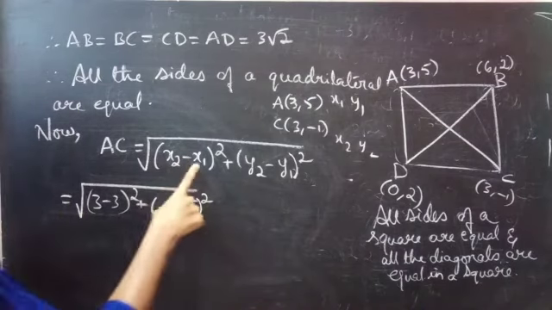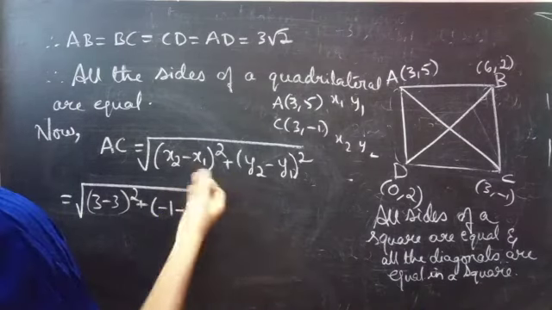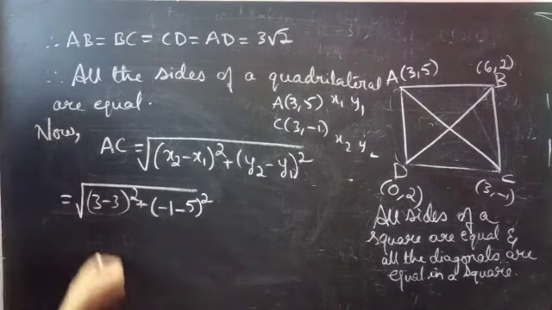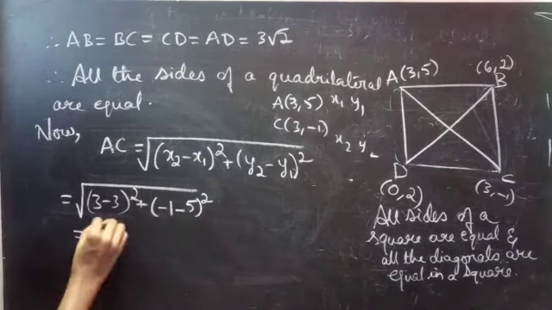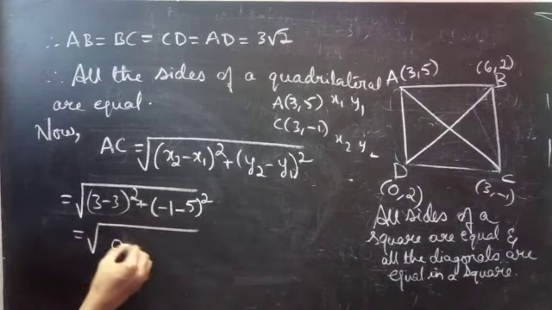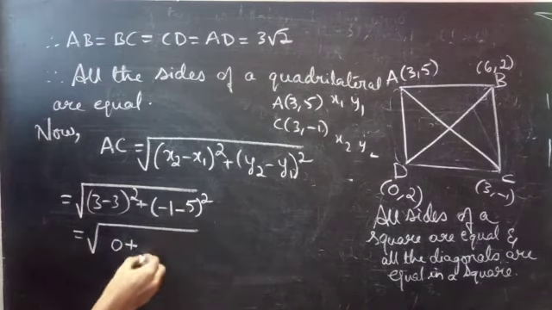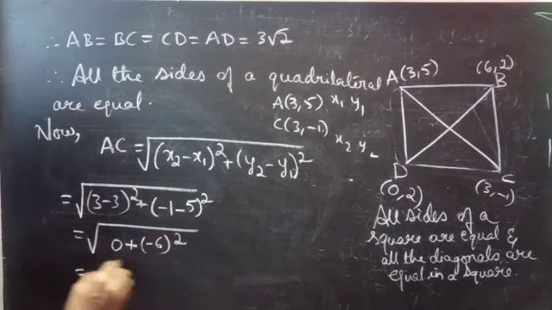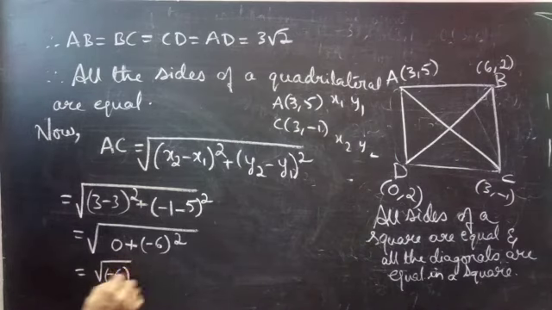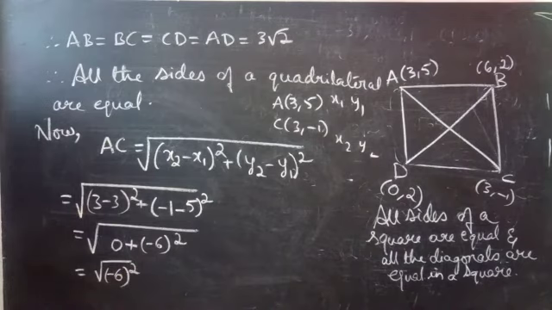Simply substitute the values of x1, x2 and y1, y2. So this equals the square root of 3 minus 3 is 0 plus minus 1 minus 5 is minus 6 whole square. So this equals the square root of minus 6 whole square.